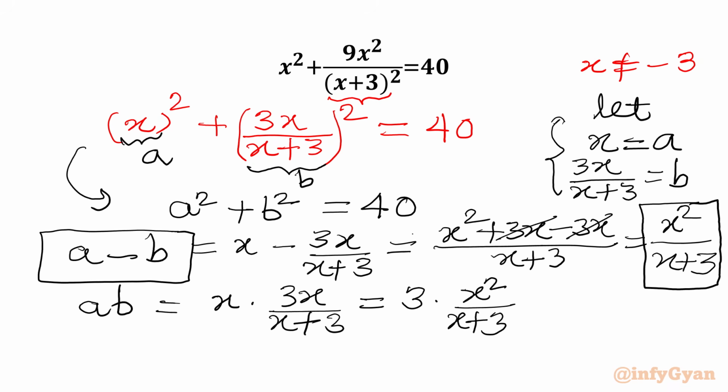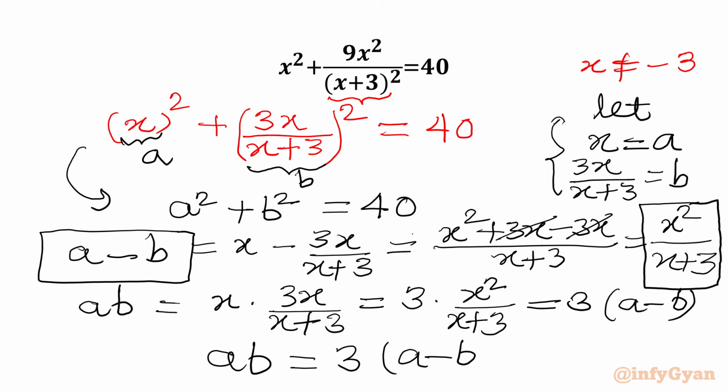Now we have x square over x plus 3 as a minus b. So we can write here 3 times a minus b. So we have the second equation: ab equal to 3 times a minus b. Let me write here, this is equation 2. Here we will write equation number 1.